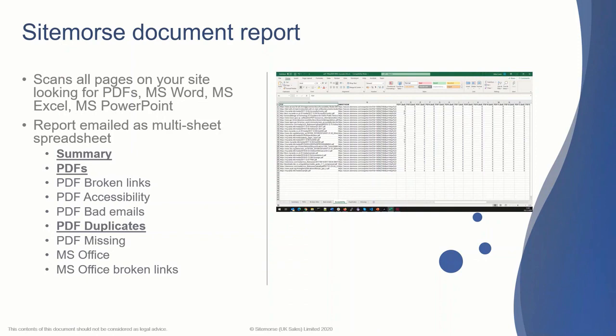So if part of your strategy is to correct the accessibility of your PDFs, then what you want to make sure is you're not doubling or tripling work by correcting identical copies of PDFs across your site. So maybe one of the first things you want to do is to remove those duplicates.